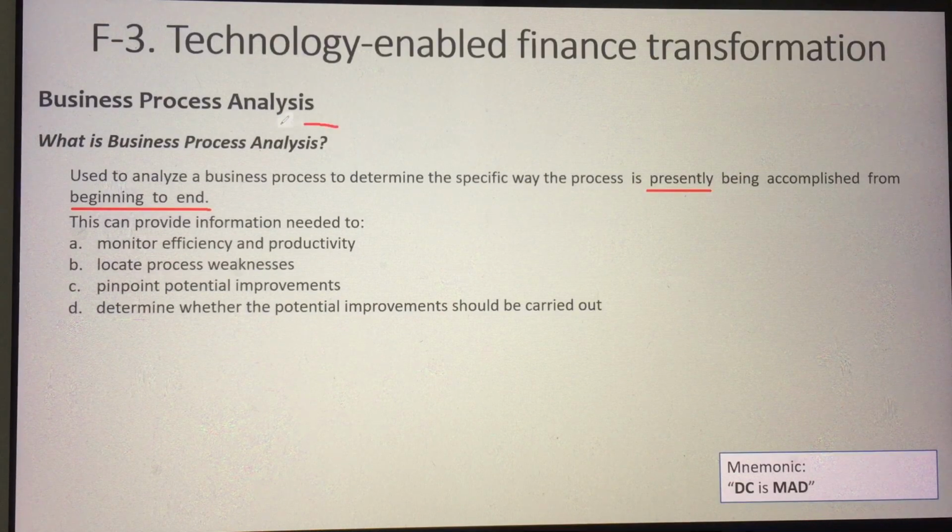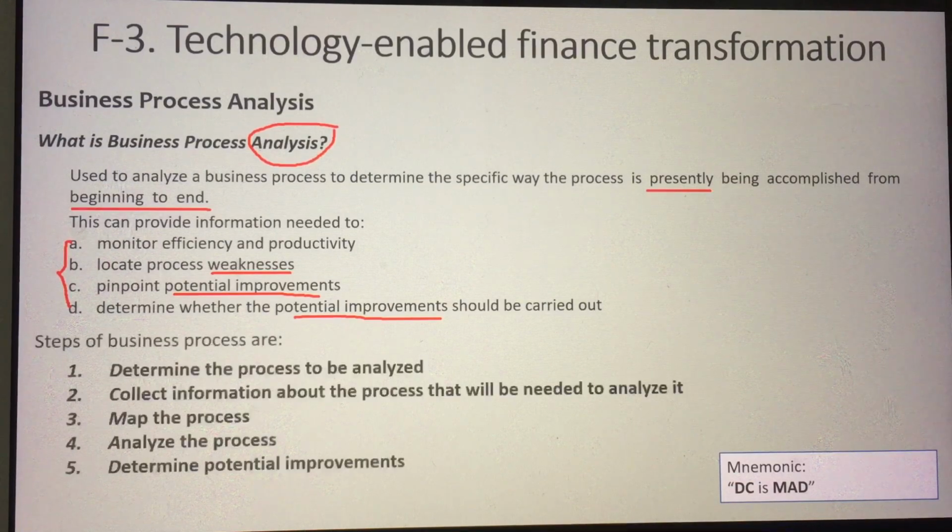When we do analysis, we want to understand all of these items here. What are they? First, you monitor the efficiency and productivity. You locate process weaknesses. You pinpoint potential improvements. And you determine whether potential improvements should be carried out. So we have different steps here.